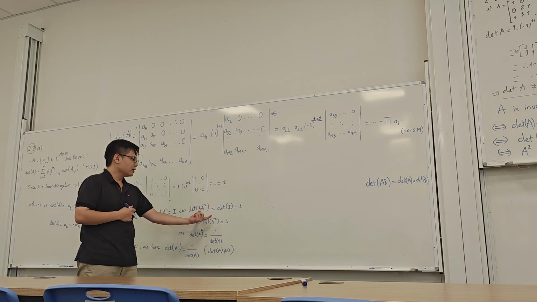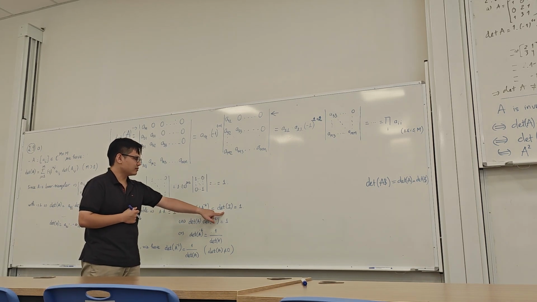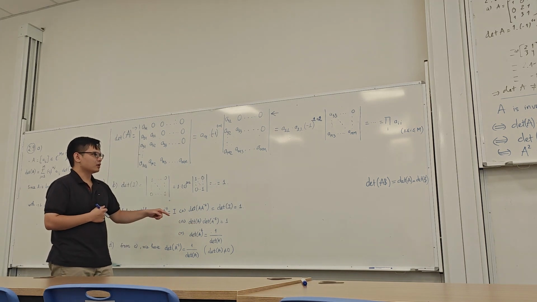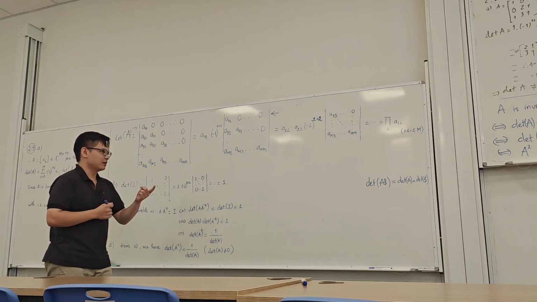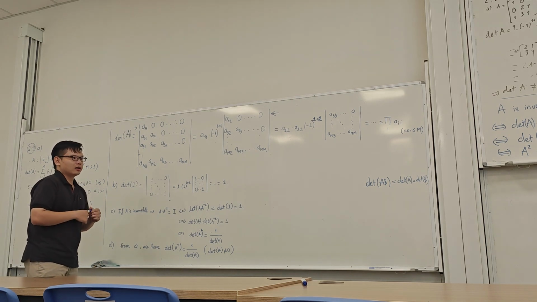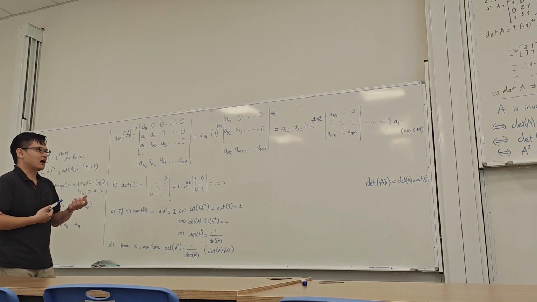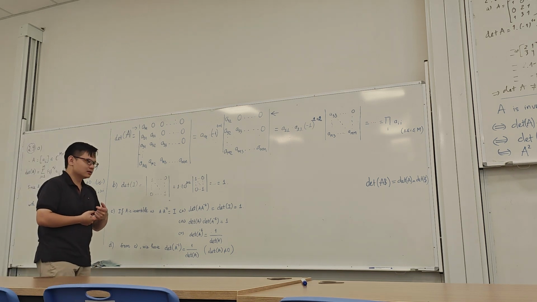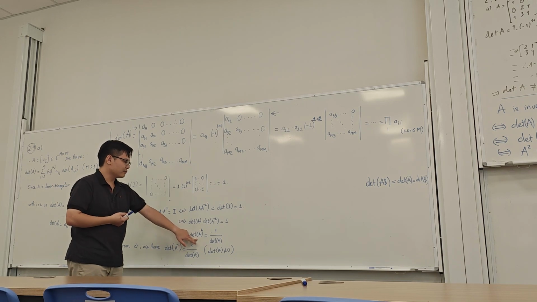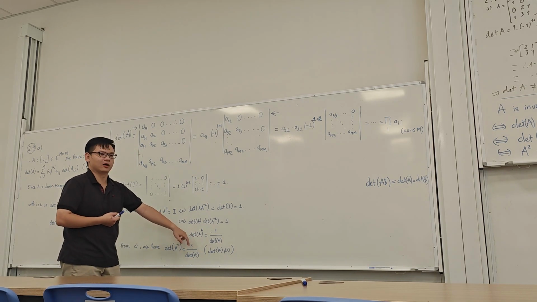We got this one, and from the previous question, we have the determinant of I equal to 1. And by applying the property of determinant, the determinant of the product of matrices A and B equal to the product of determinant A and determinant of B, we can conclude that determinant of A minus 1 equal to 1 over determinant of A.